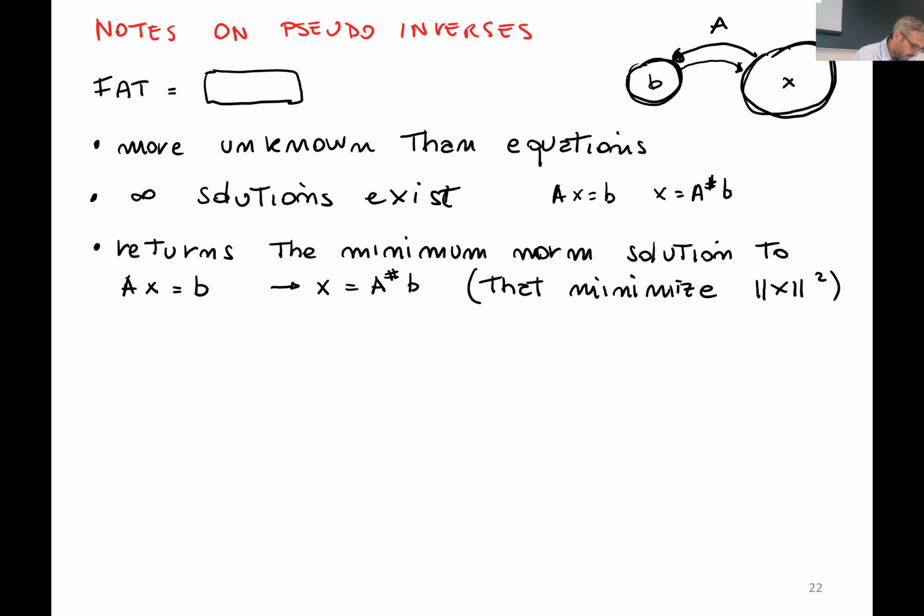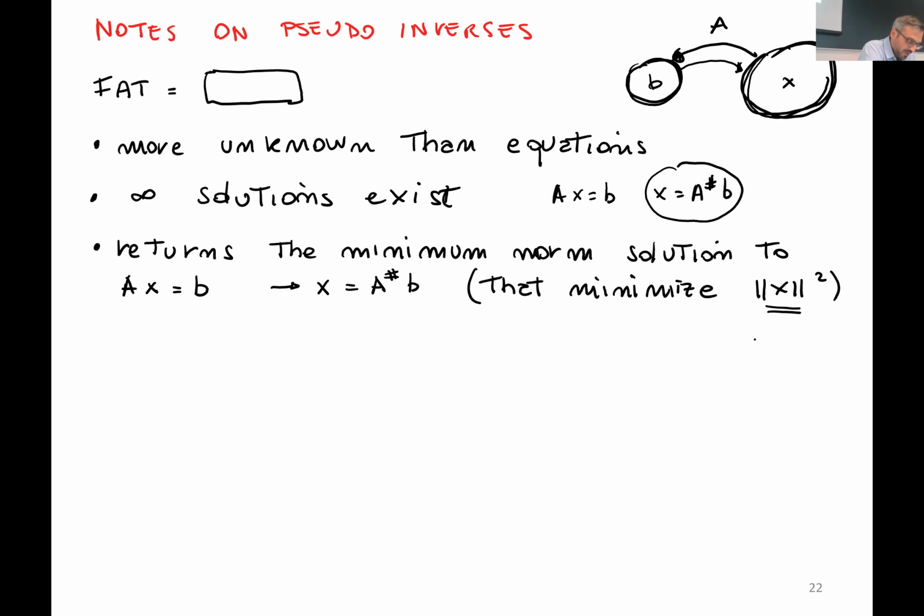And the solution that we get from this is the one that minimizes the norm, the minimum norm. So of all the possible infinite solutions for which we can achieve the known term b, we get, doing the pseudo inverse, the one that minimizes the norm of x.